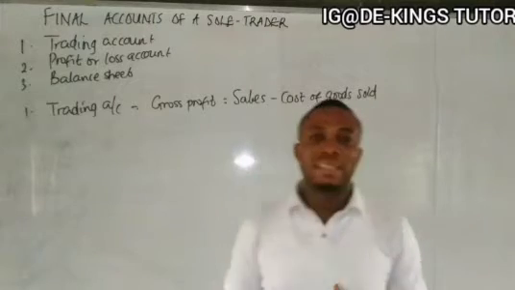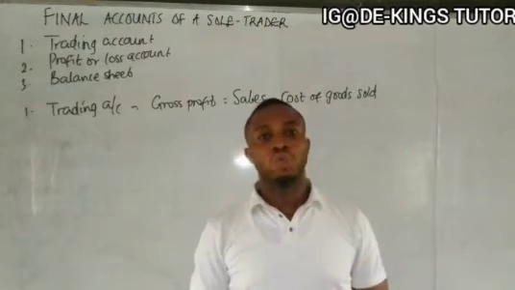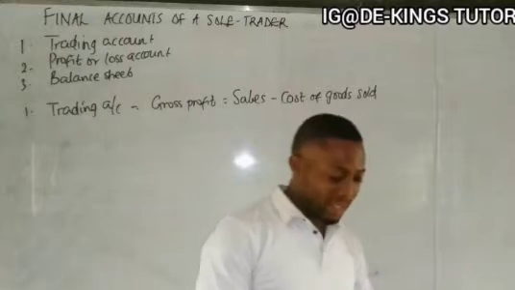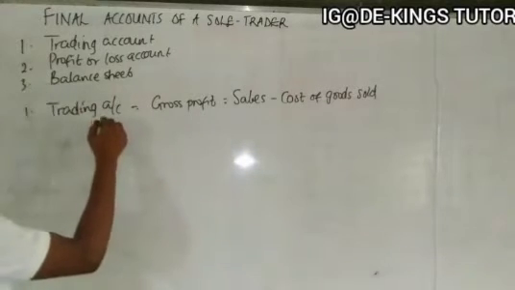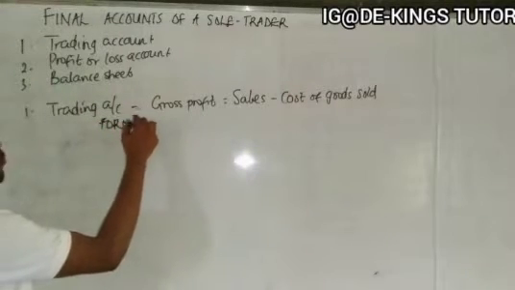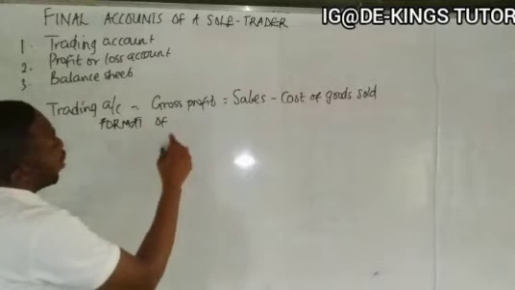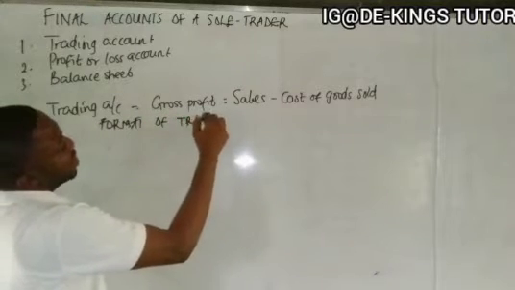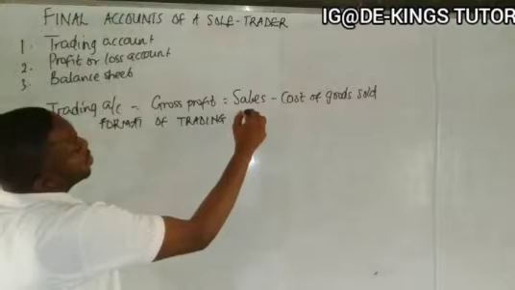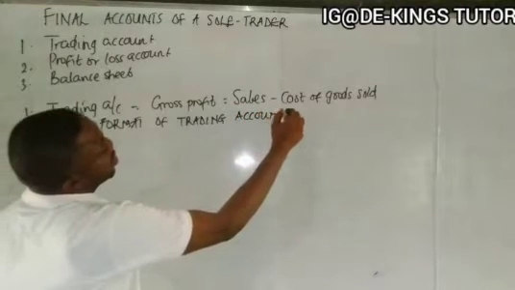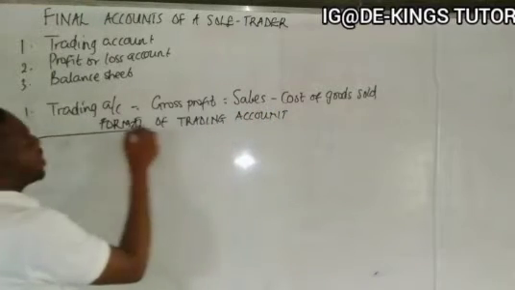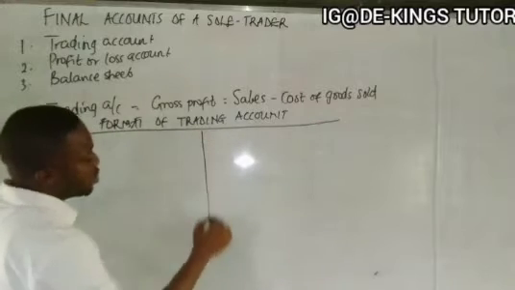It has a format that we can follow. Okay, now let's see the format. Now we can see it as the format of the trading account. The format of the trading account looks thus.